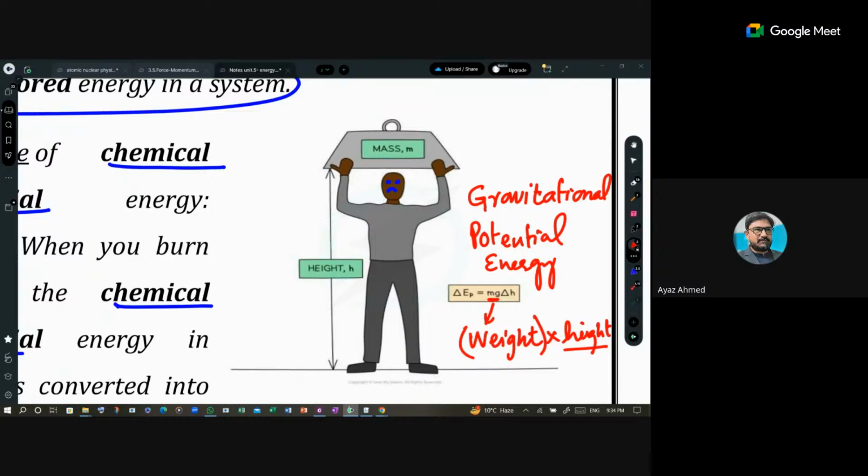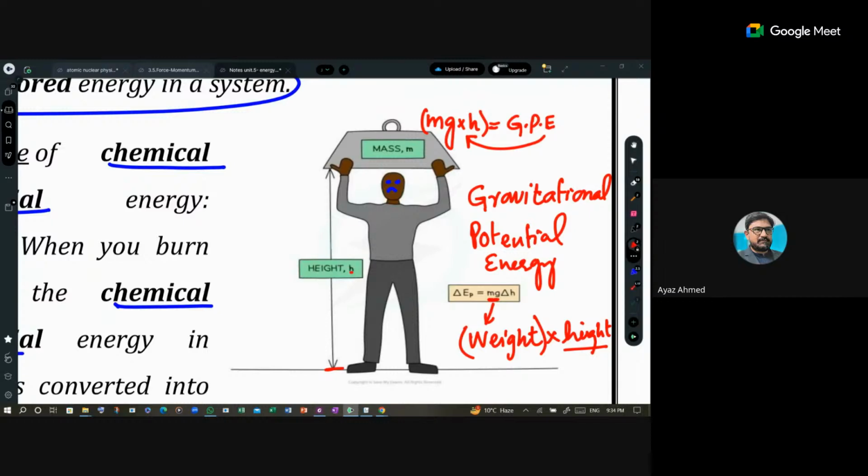So if this guy is lifting a mass m at a height h above the surface, what amount of gravitational potential energy does it hold? m is its mass, g is its gravity, so mg times h. So it is very simple that its gravitational potential energy at this position is mgh.